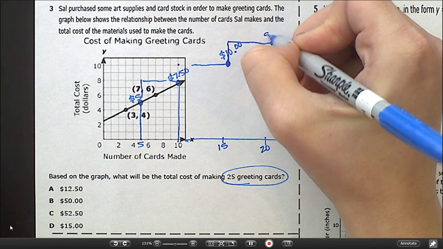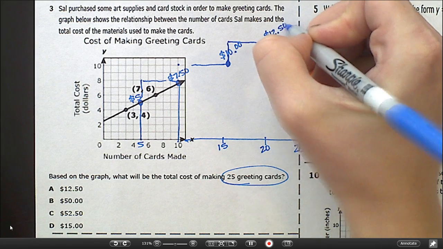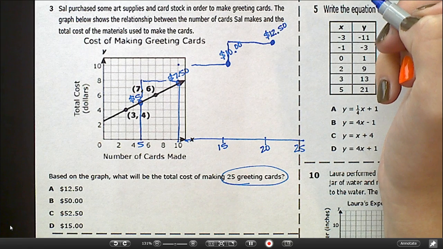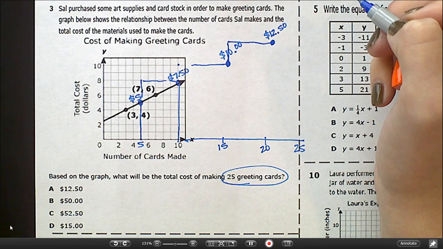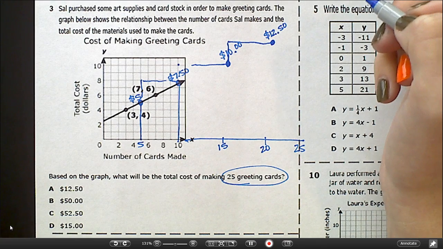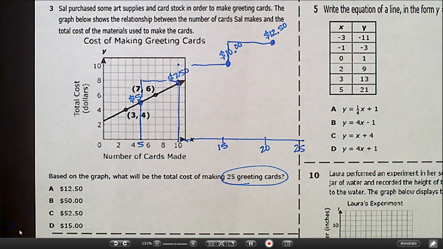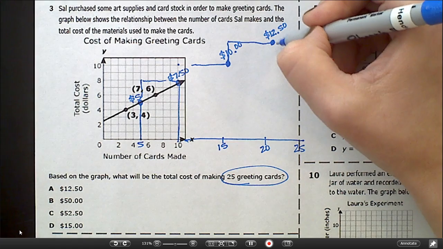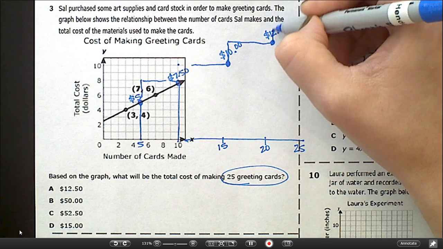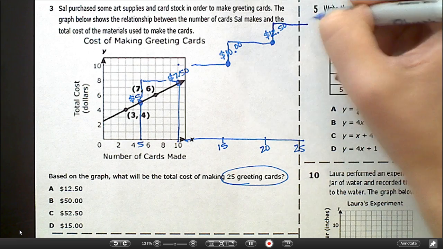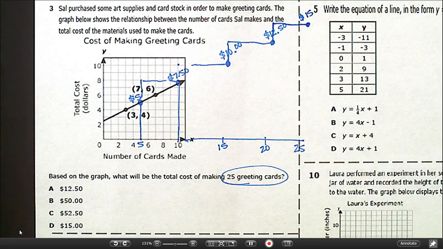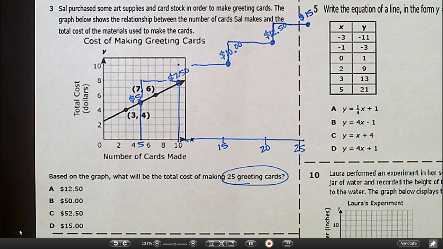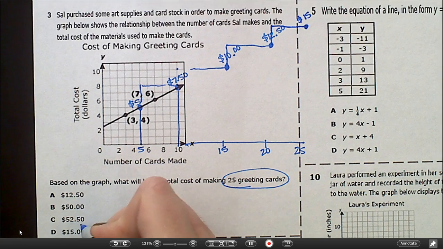That'd be about $12.50. And then, so that's 20 cards, and then go up another $2.50 to make 25 cards, and that'd be about $15. So that's one way to do it.